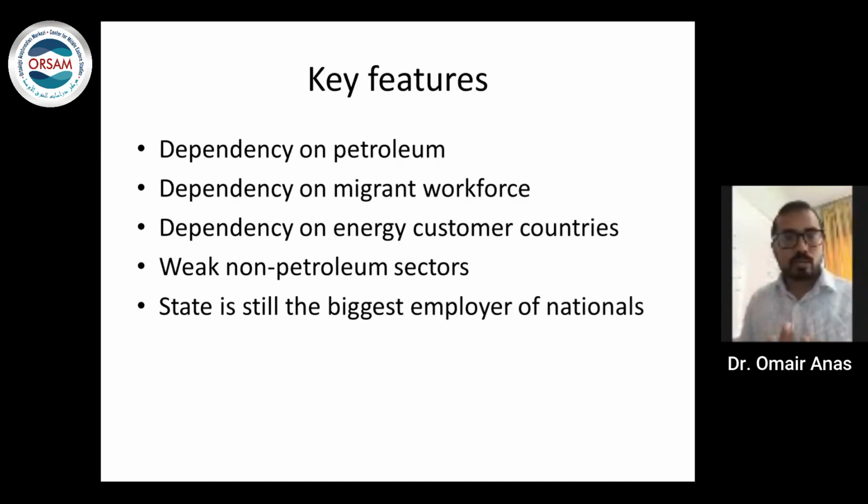Now they are telling their population, look, our pockets are becoming empty. We don't have enough income. We cannot give you. Rather, we will impose some taxes on you. So the question that is going to come from the population is, okay, we will pay the tax, but we also want accountability, transparency, good governance, new civil rights, and maybe political rights as well.